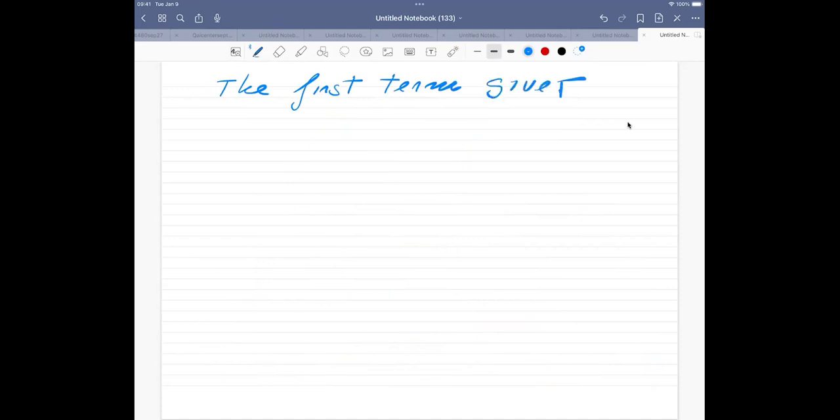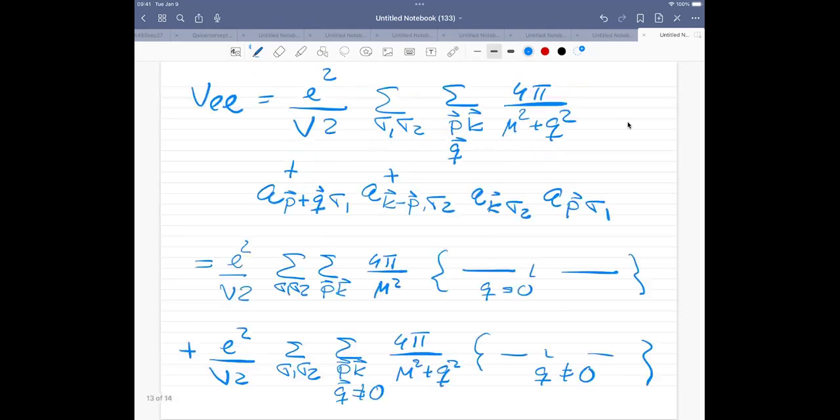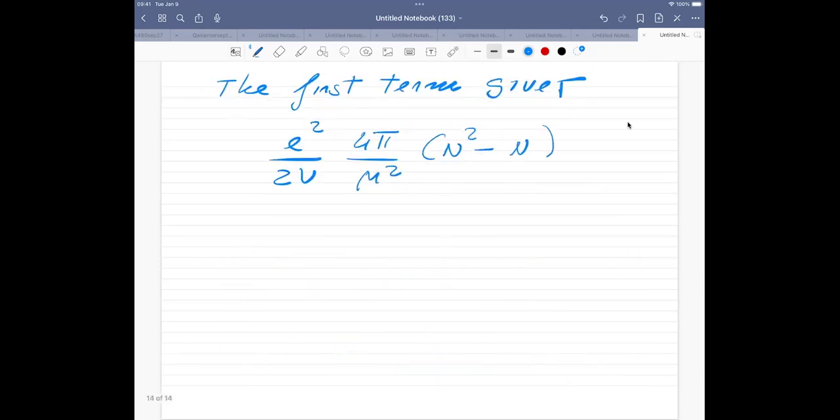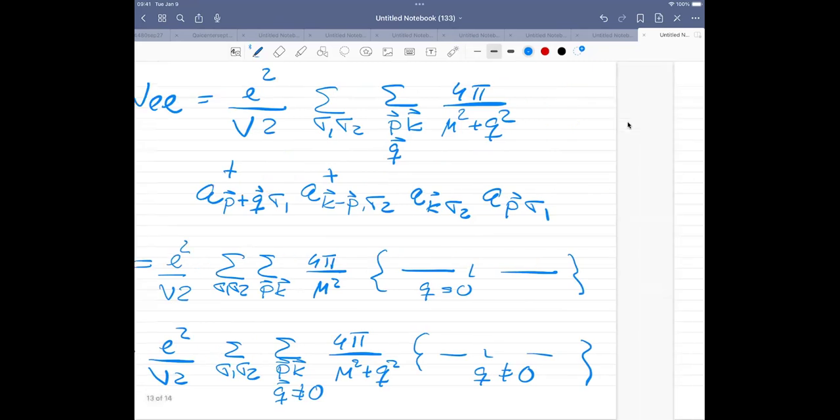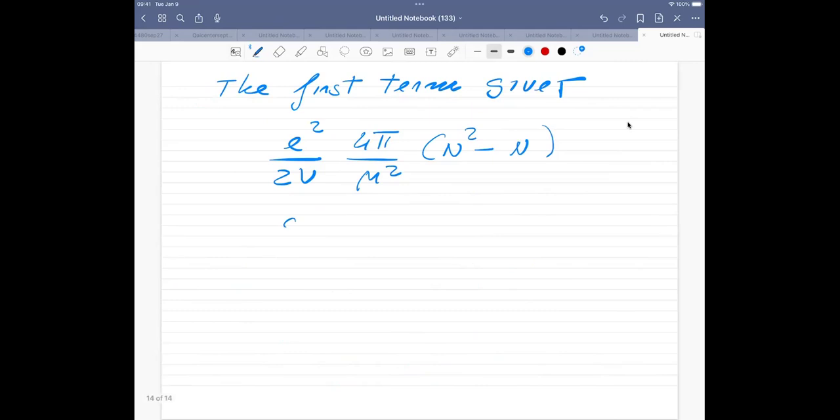That gives us e squared divided by 2V and 4 pi divided by mu squared multiplied with the number of particles n squared minus n. And you can see that because if you take the creation and annihilation operators, so we have put now Q equal to 0, what you will have then is an operator where you have P dagger.